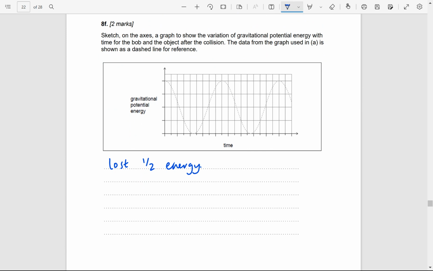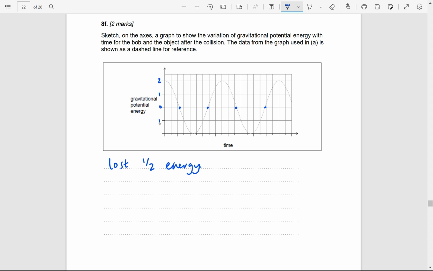So we've lost half the energy, which means that not only is it going to be inverse, as gravitational and kinetic are, but the amplitude is not going to go up.